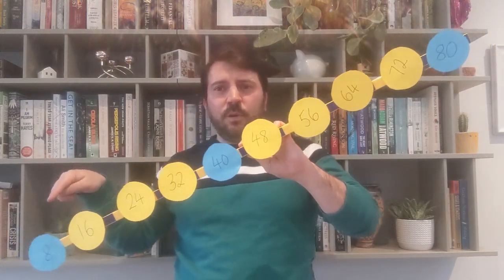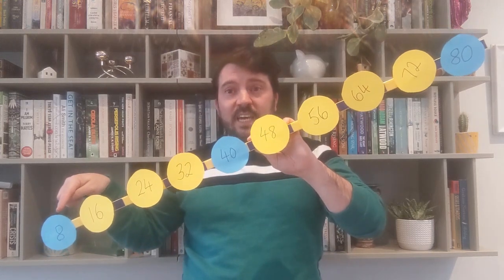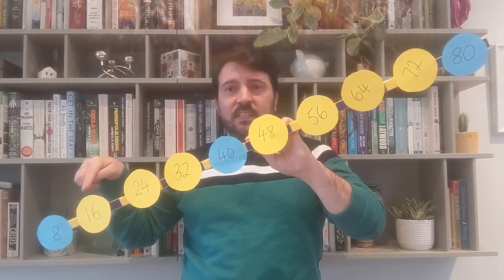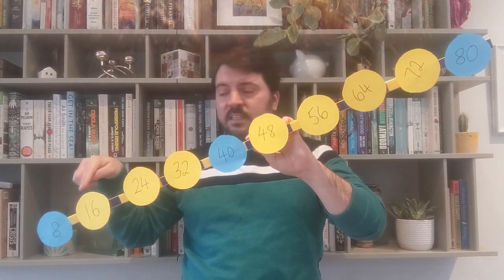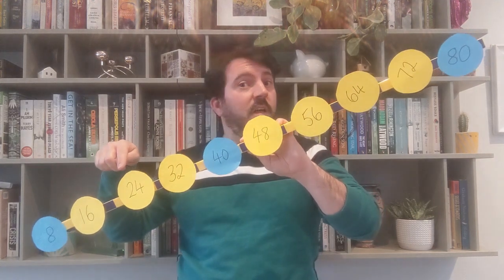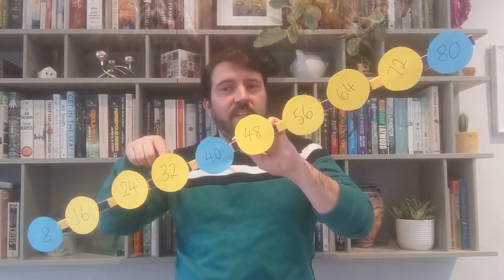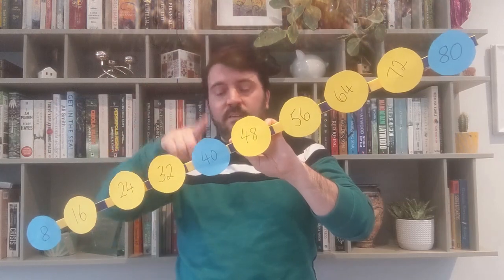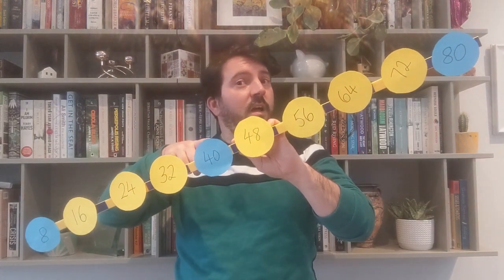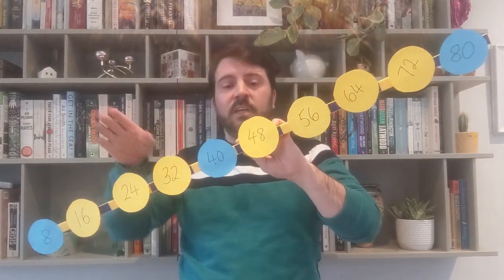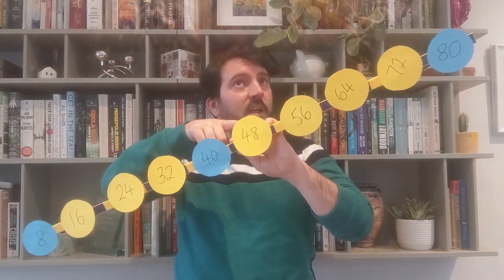It's my first one. 1 8 is 8. 2 8s, 16. 3 8s, 24. 4 8s, 32. 5 8s, 40. 6 8s.